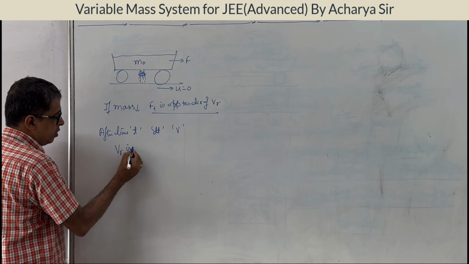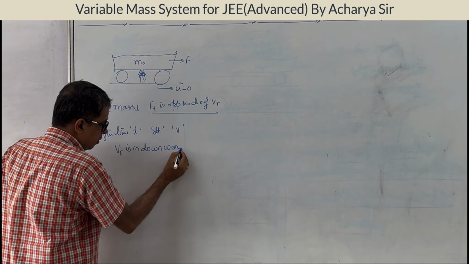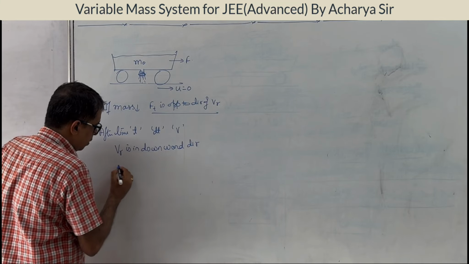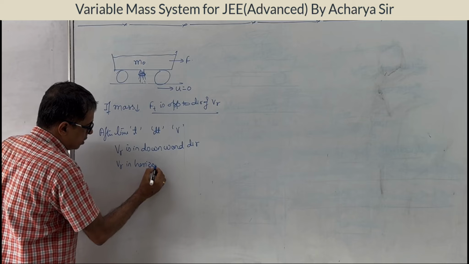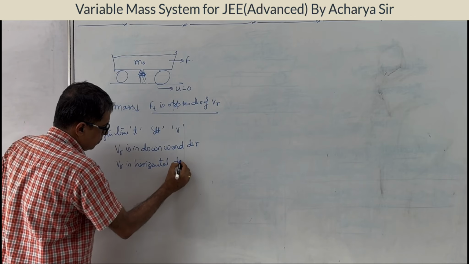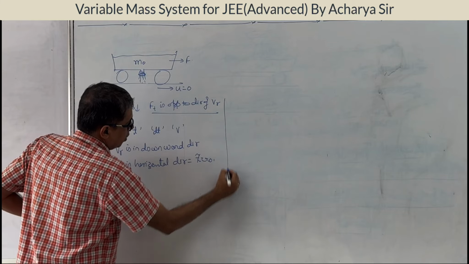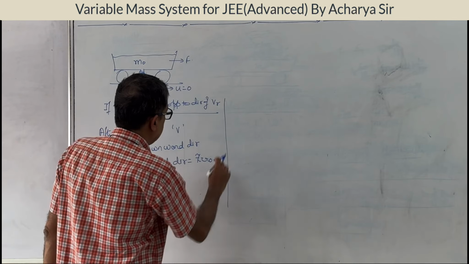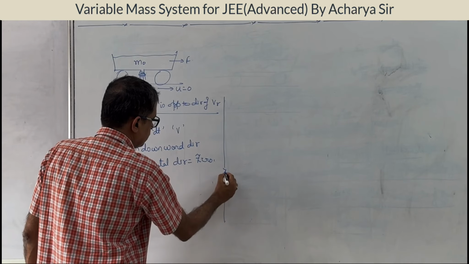VR is in downward direction. VR in the horizontal direction is 0. That's the most important point. VR in the horizontal direction is 0.